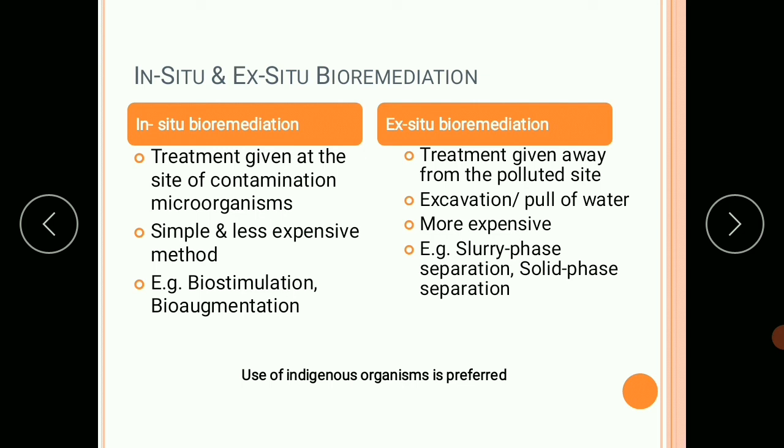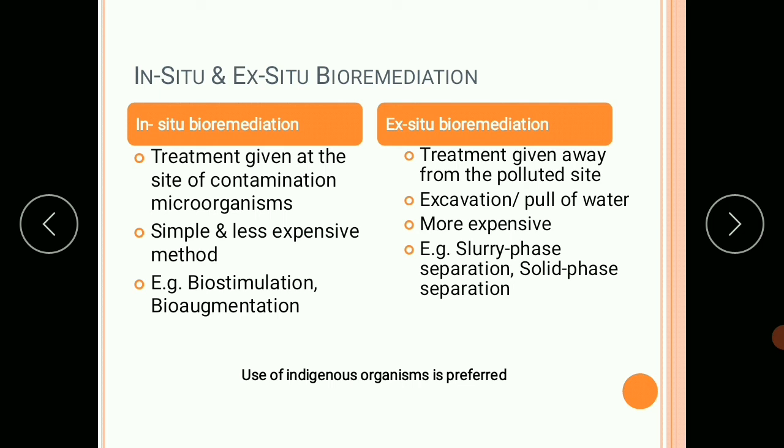Why indigenous organisms? Because indigenous organisms are the organisms which are already present over that particular site. They are inhabitants of that particular site. So, because they are inhabitants of that nature, they are already adapted to that environment.